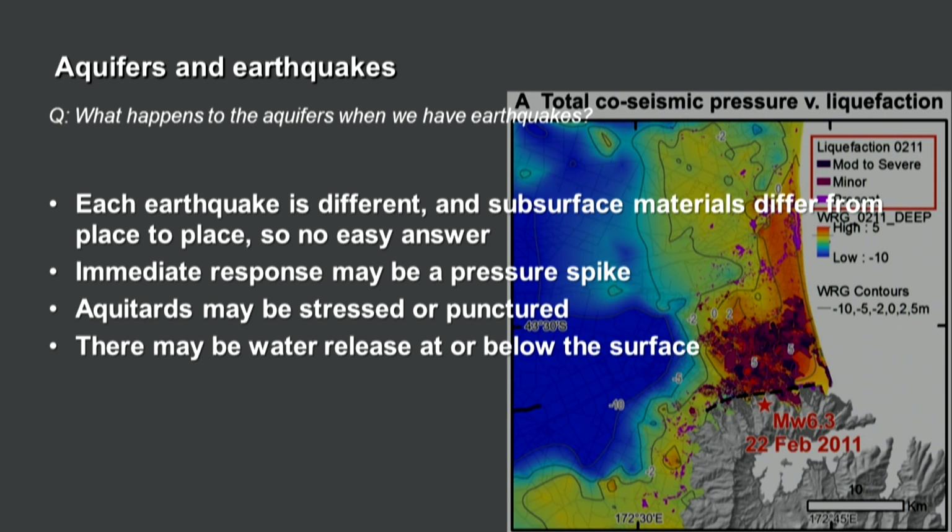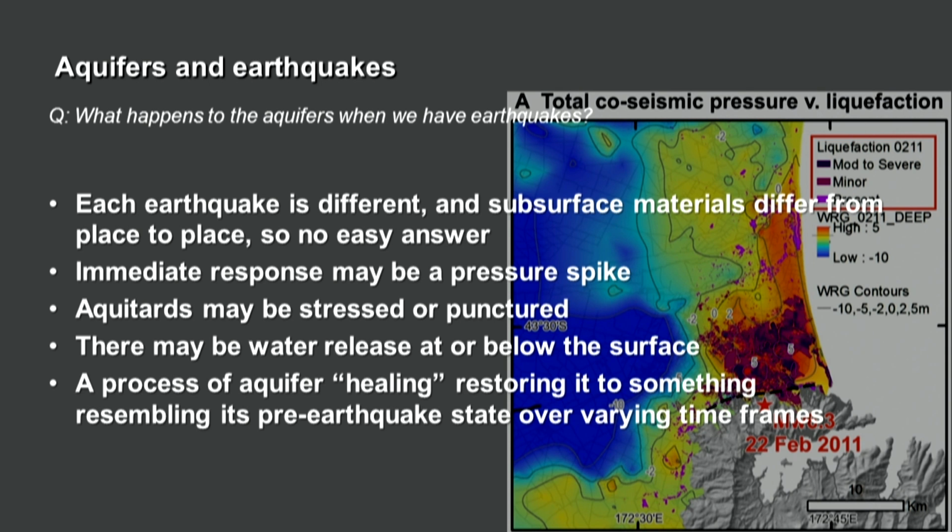And in fact, there's some strong suggestion that that's what happened in Christchurch, and hence so much liquefaction in the eastern suburbs. Next, thanks. Over time, there's a process of aquifer healing in restoring it to something like its previous state, but the time frames are likely to vary.